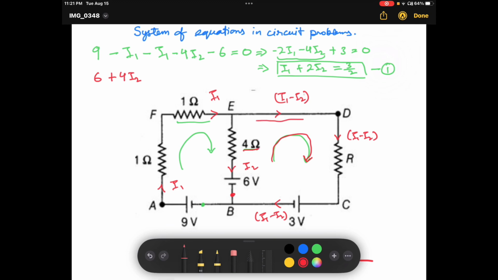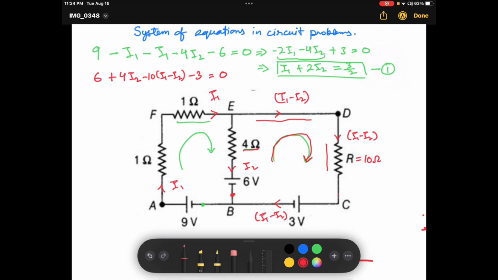Then nothing happens while going over here, and then as we go over on this side, the value of this R is not given. Let's say this is equal to 10 ohms. As we go over this, there will be a drop in the voltage, so minus 10(I1 minus I2). After going here, as we go over this battery, there's a minus 3 volts, and then we get back to the starting point. So our equation is complete.